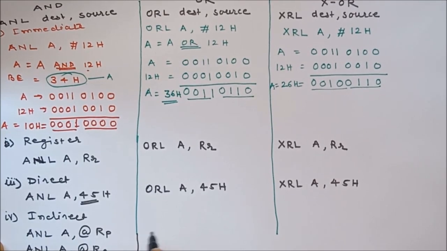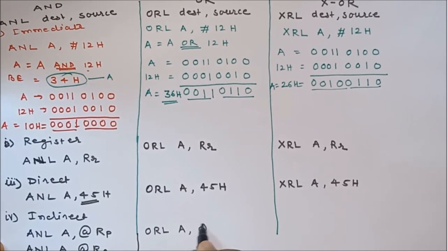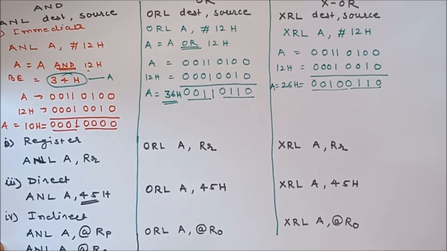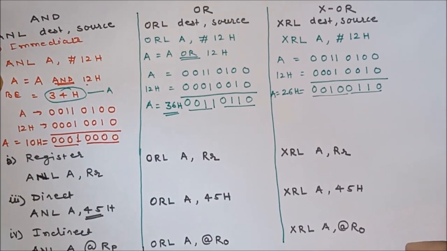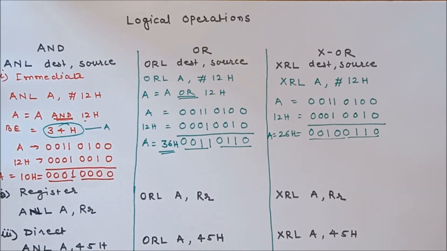For the OR operation, ORL A comma at R0. For the XOR operation, XRL A comma at R0. So in all four addressing modes, we can use these logical instructions. Bit by bit operations are performed.